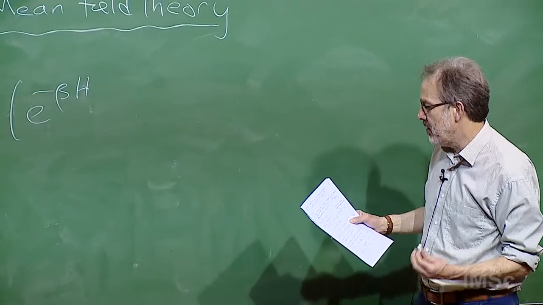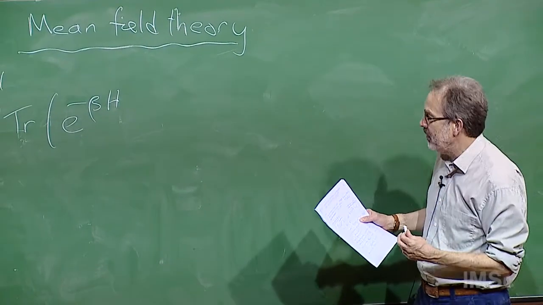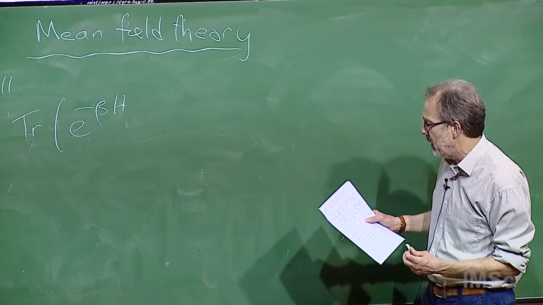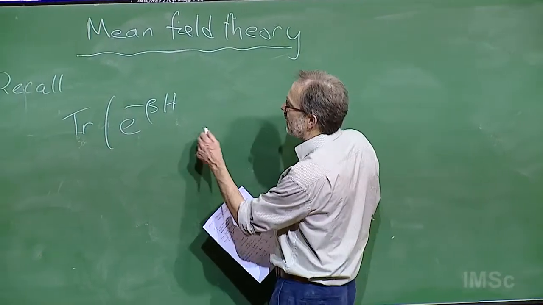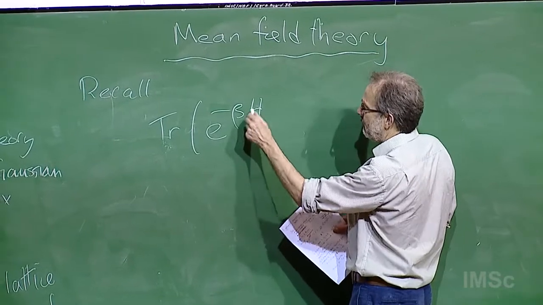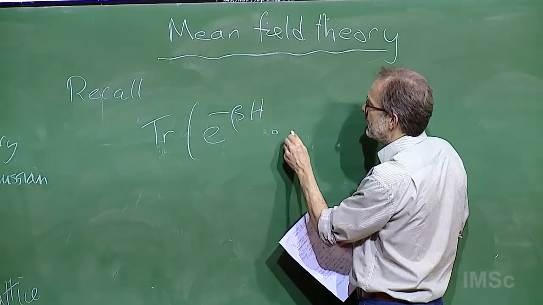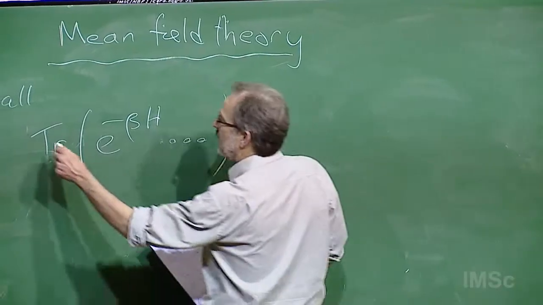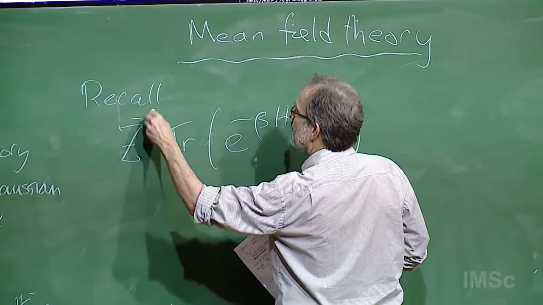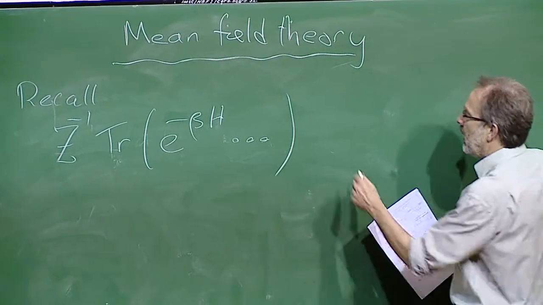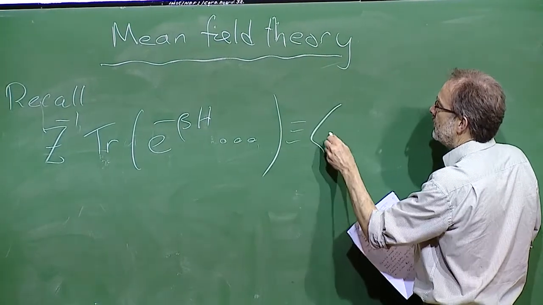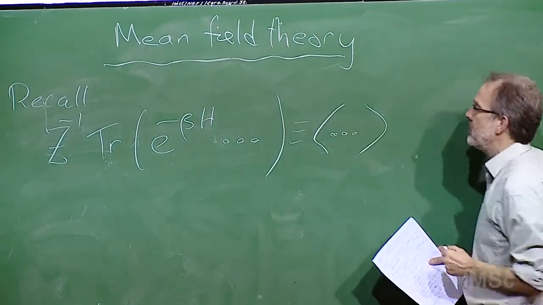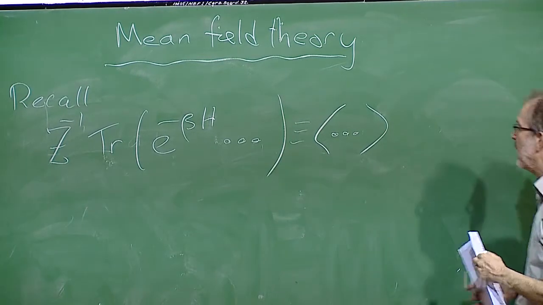So a definition of what we mean by mean field theory, well, the starting point would be what we're trying to calculate exactly, and we have a Boltzmann weight, and then some quantity, some observable, and a partition function as a normalization. So this we could write as an expectation of whatever the observable is.